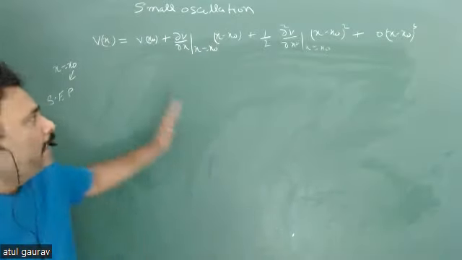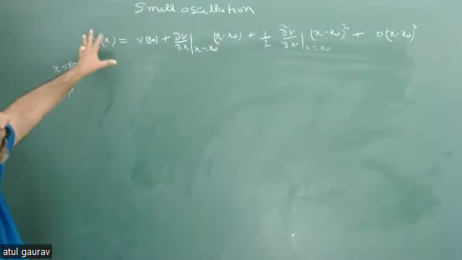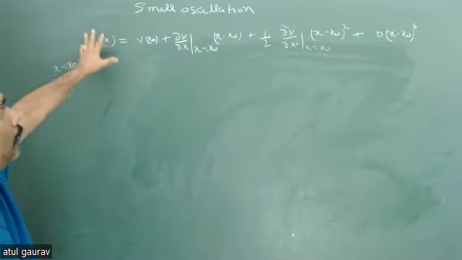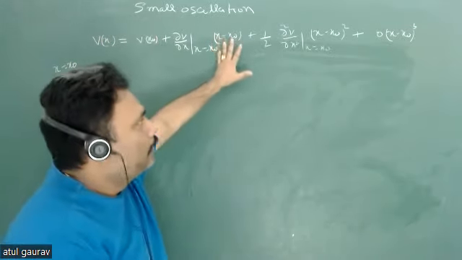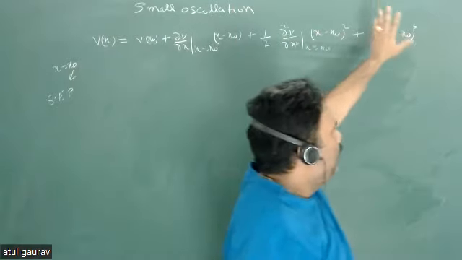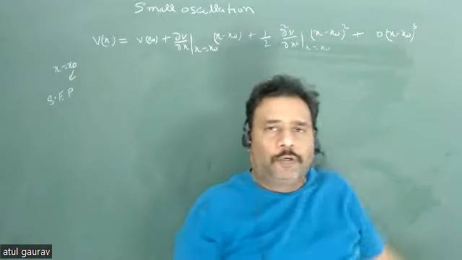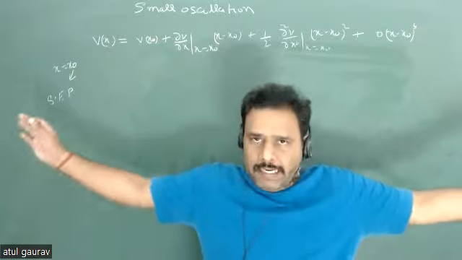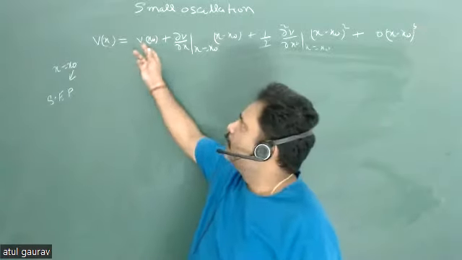So one potential will be something like a constant part, linear part, harmonic part, and cubic part, and you can just take this and sum it. You will get this particular V(x).